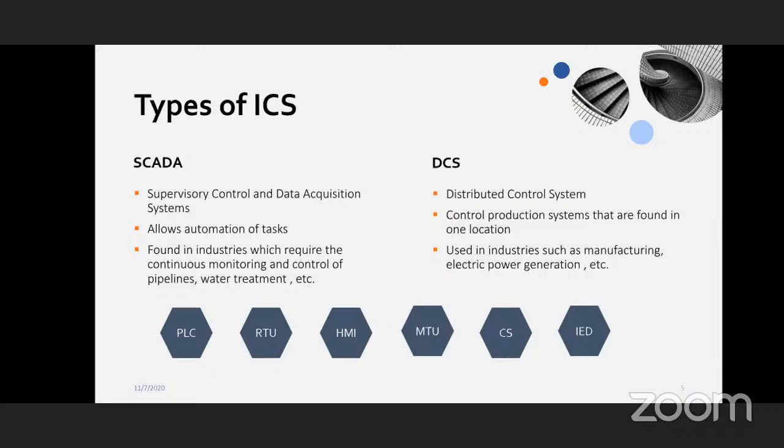Now let's move on to distributed control systems. This is a system that is used to control production systems that are found in one location. In a DCS, a set point is sent to the controller that is capable of instructing valves to operate in such a way that the desired set point is maintained.